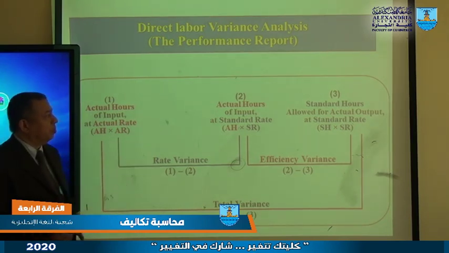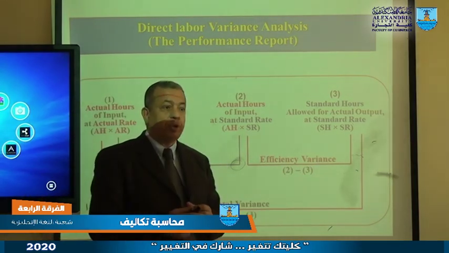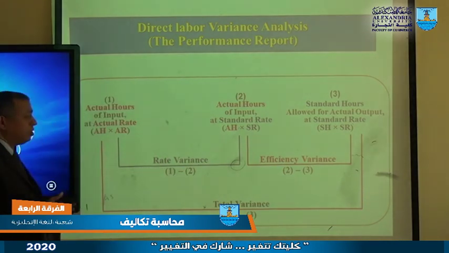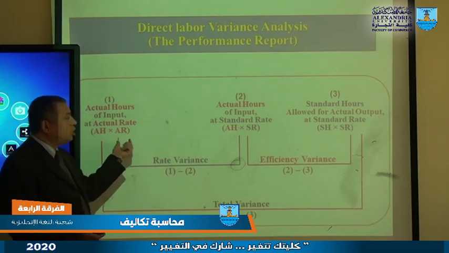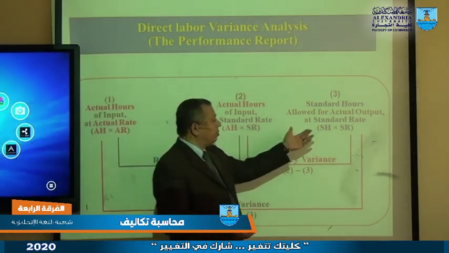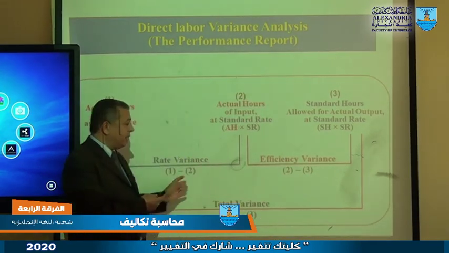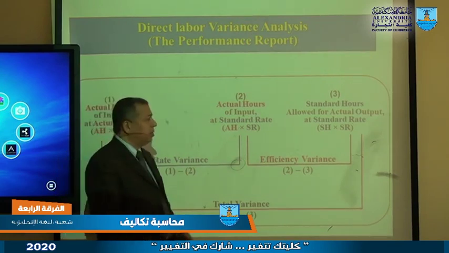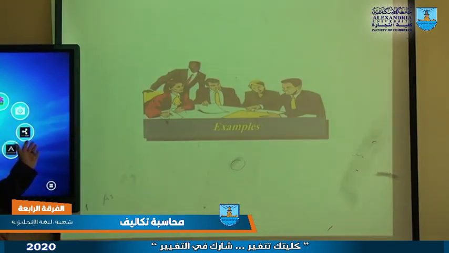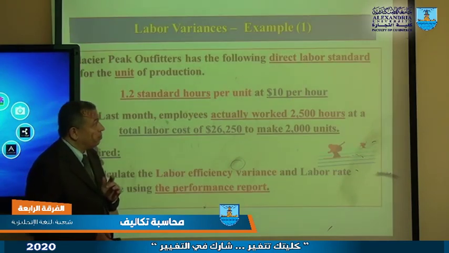If you know the form of the performance report, my problem is how to calculate: how to calculate actual hours, actual rate, standard hours, standard rate, and subtract and add. I speak about math, not cost accounting especially. How can you prepare the performance report practically, by numbers?